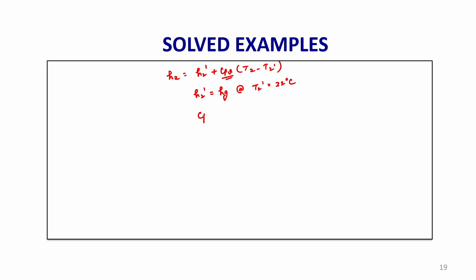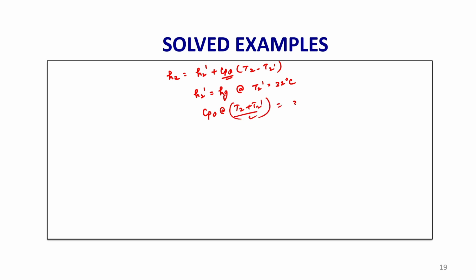and similarly Cp of vapor should be taken at the average temperature of T2 plus T2 dash by 2.